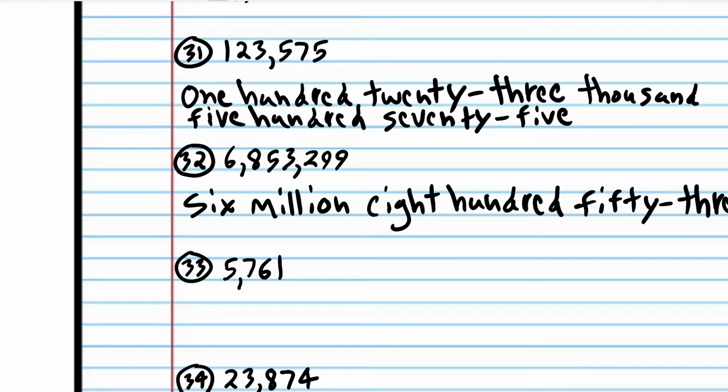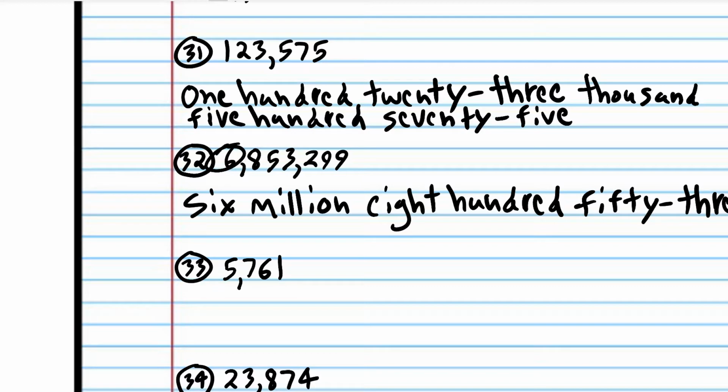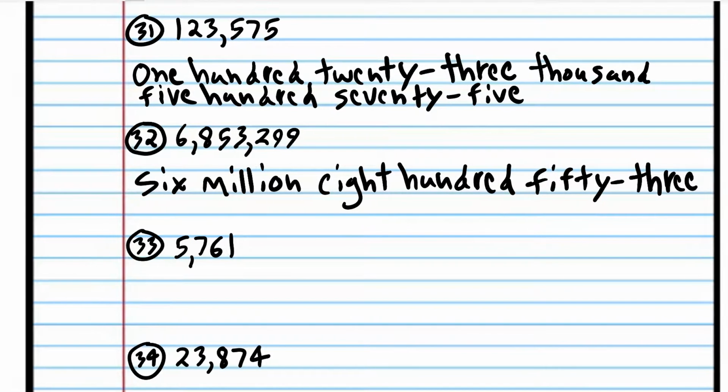When we got to the comma here, we used million because that was the name of the period preceding the comma. This is the millions period. And again, you can see this by looking over at your place chart. 6,853,000. That's as far as we've gone so far.